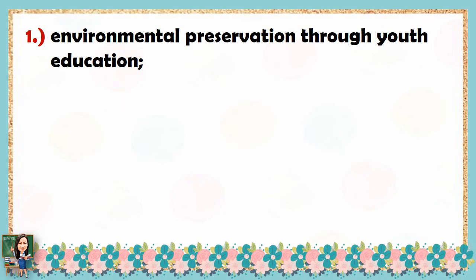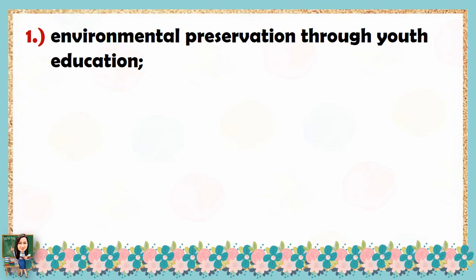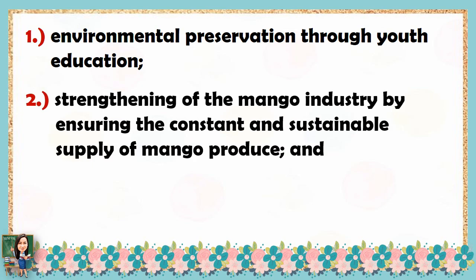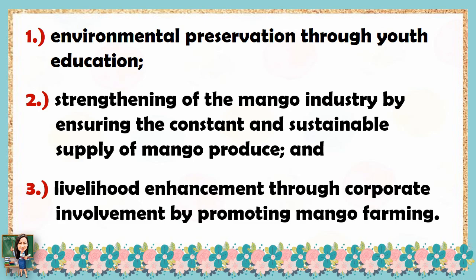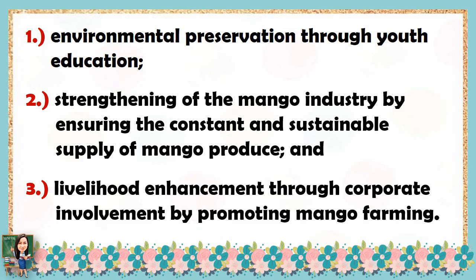Number 1, environmental preservation through youth education. Number 2, strengthening of the mango industry by ensuring the constant and sustainable supply of mango produce. And number 3, livelihood enhancement through corporate involvement by promoting mango farming.